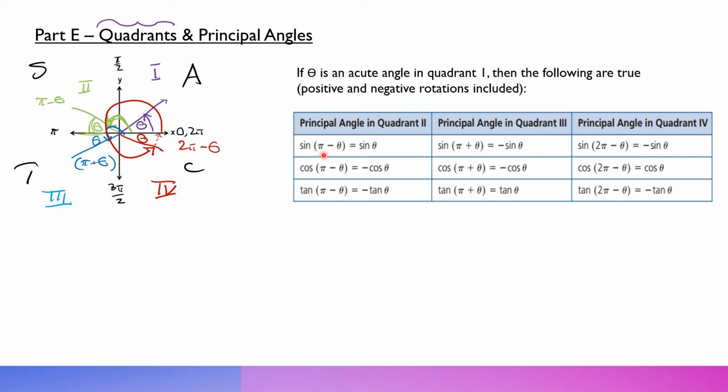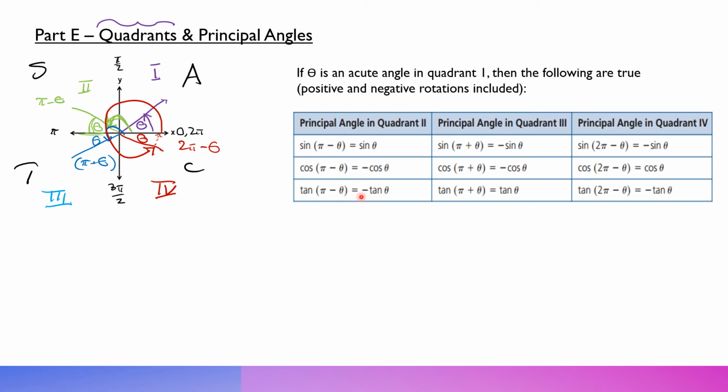That's why we can say, this is quadrant 1, this is just our theta. If we put it in quadrant 2, pi minus theta, they're exactly the same. But if we did cos of this purple angle, cos here is positive. But in quadrant 2, cos of this angle right here would be negative.